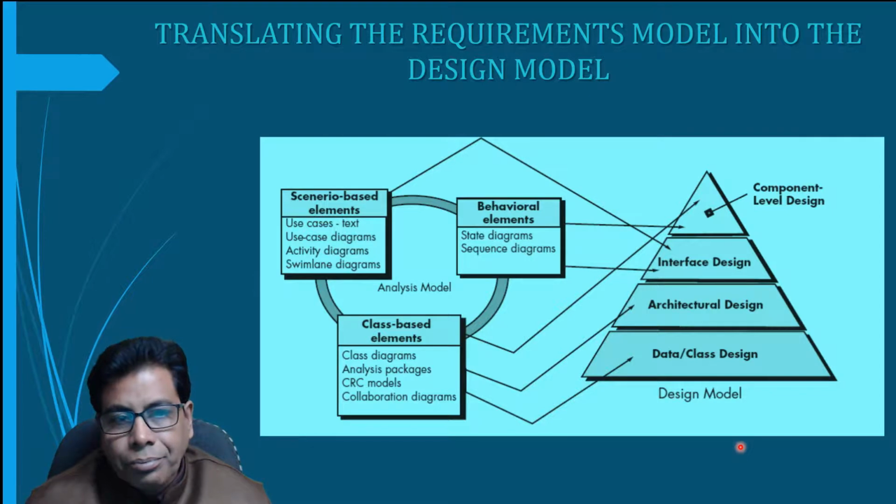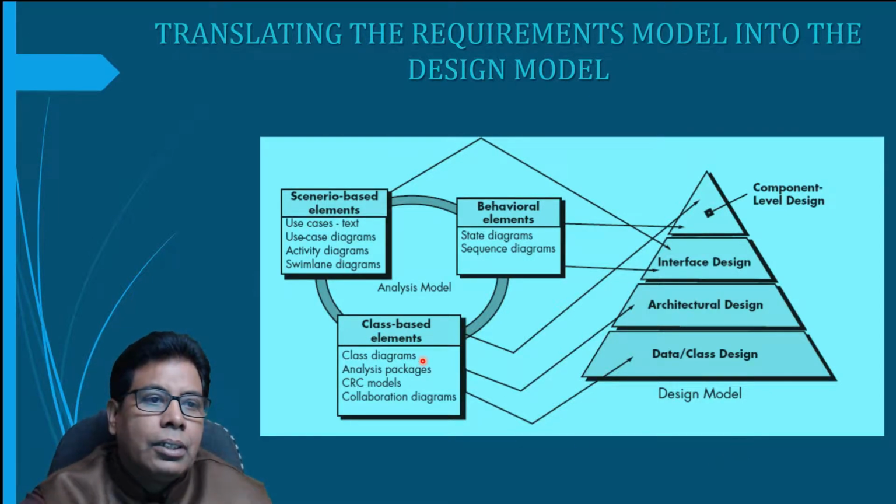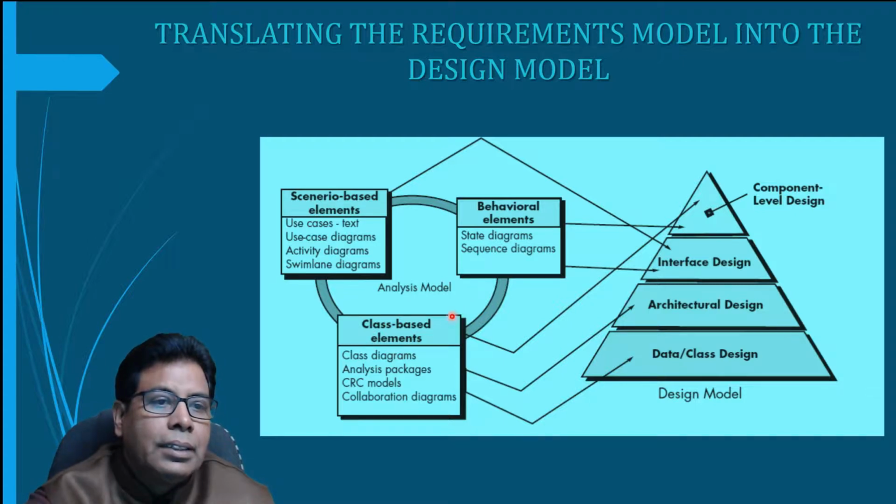Now here we have these 3 elements: scenario based elements, behavioral elements, and class based elements. This is the requirement analysis phase. Here in the analysis model, the scenario based elements are analyzed with the help of use cases, that is using text or use case diagrams, then activity diagrams and swim lane diagrams.